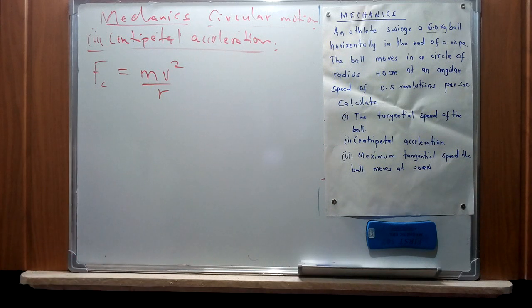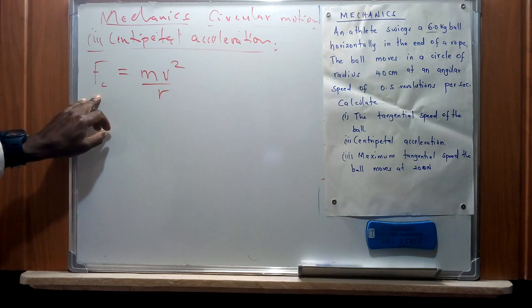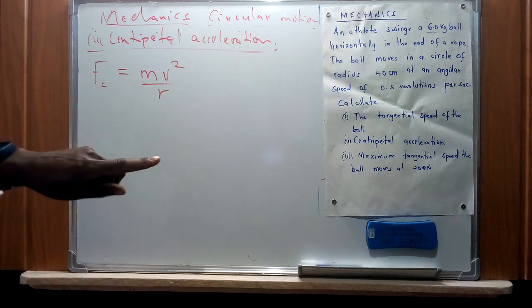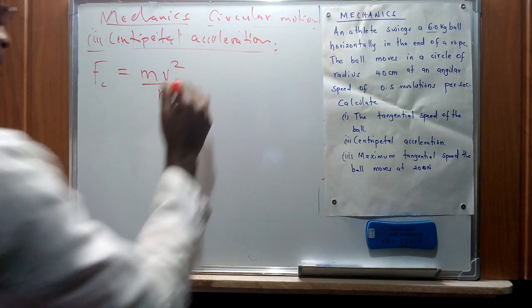Now given that we have the mass, we have got the force, which is 200 newtons, and then we've got the radius, then we can just do a direct substitution for this in order to find the required answer.